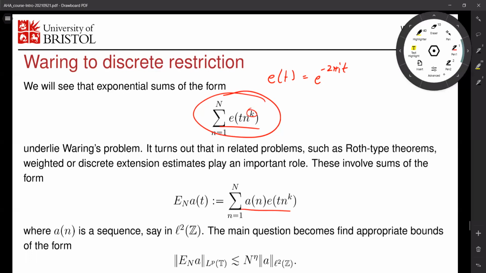Okay. Now the above exponential sum is when I take a_n equal to 1, right? And we're going to end up showing there's a lot of cancellation in that. It turns out that there still is a lot of cancellation if you plug in an arbitrary sequence. Okay, and the way that's captured is the following L2 to Lp extension estimate.